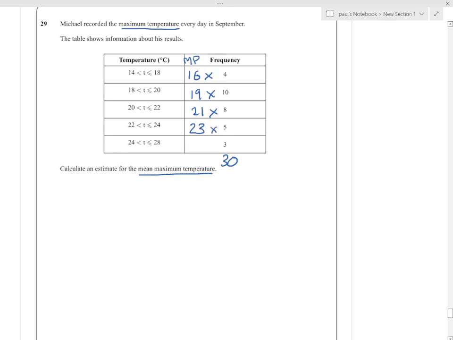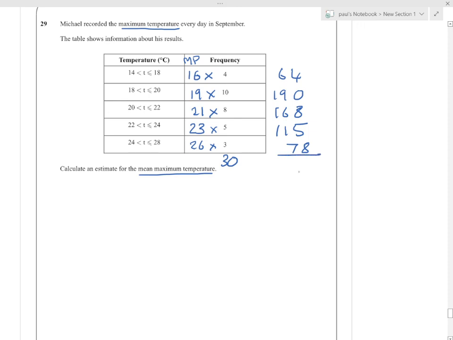And 24 to 28, that's 26. So 16 times 4 is 64, 190. 21 times 8, 168. 23 times 5 is 115. And 26 times 3 is 78.